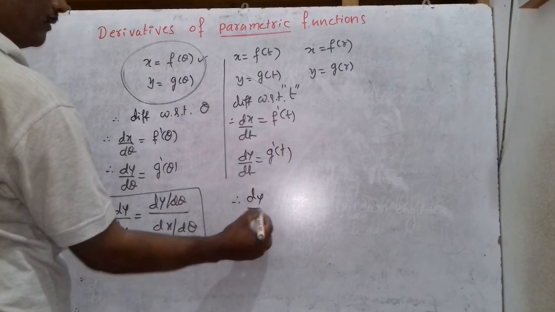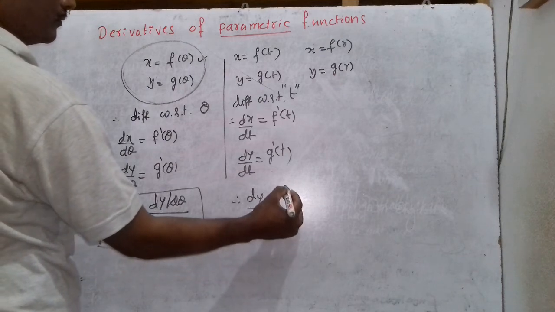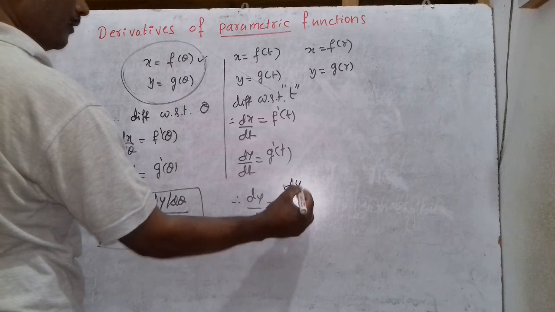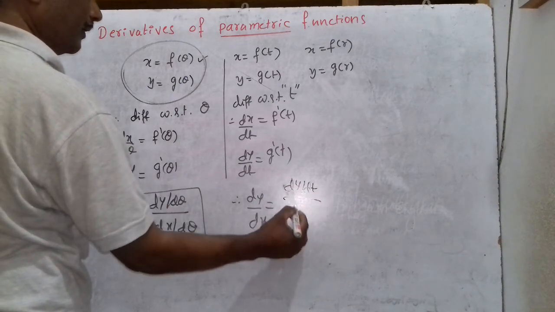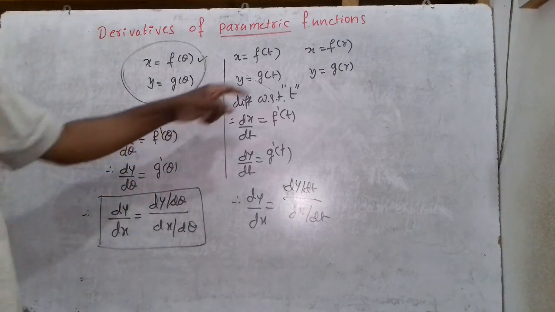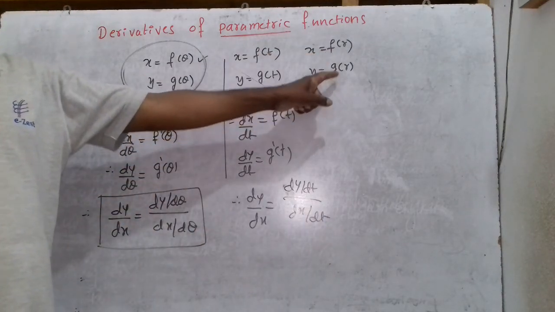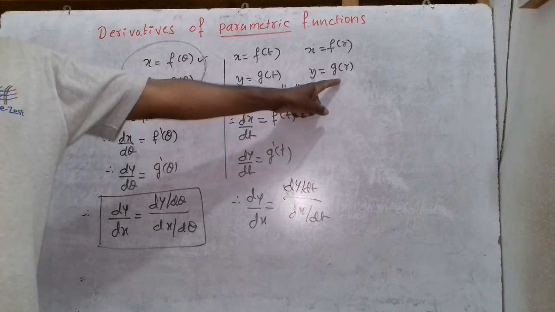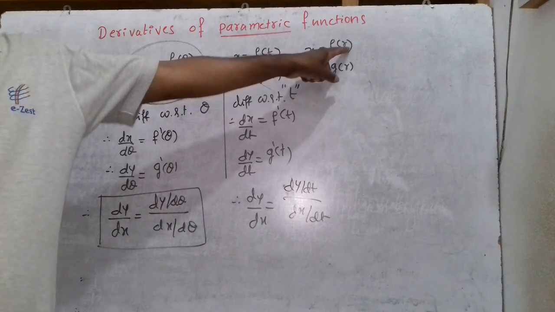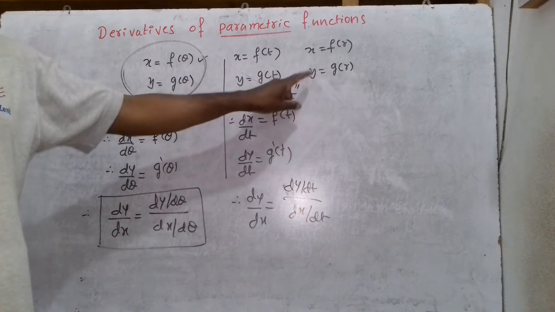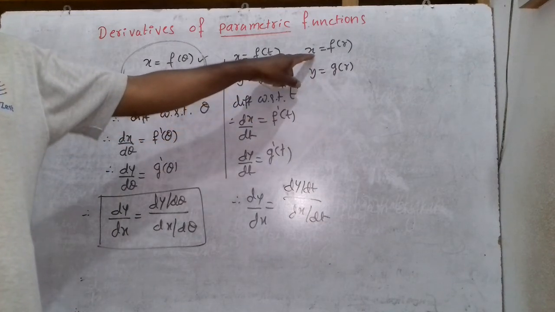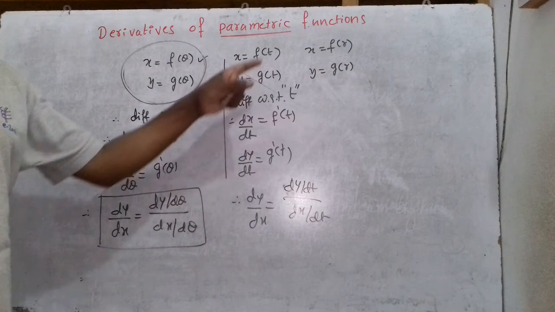Therefore, dy by dx equals dy by dt divided by dx by dt. Similarly, you can find dy by dx by differentiating with respect to the common parameter r: dy by dr divided by dx by dr. This gives the derivative of the parametric function.